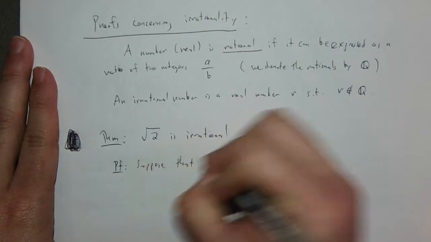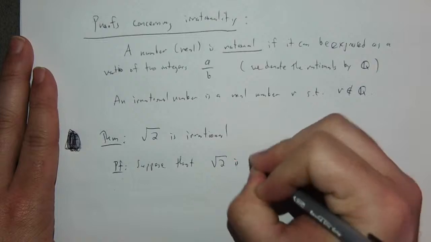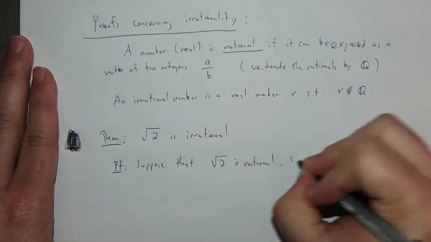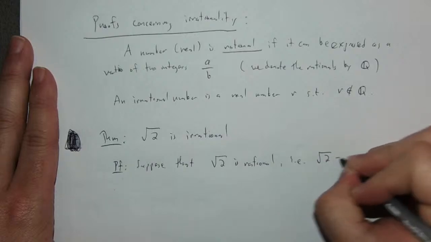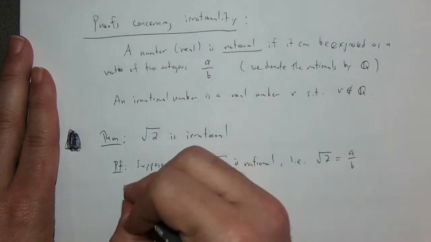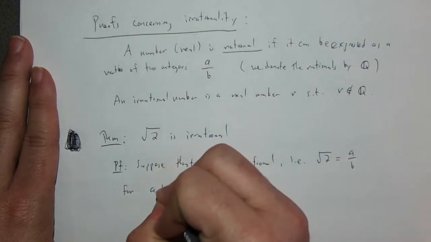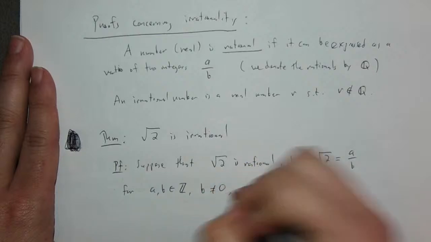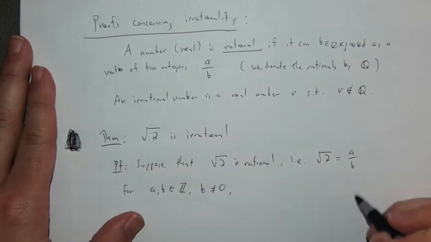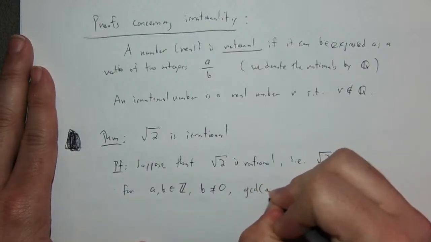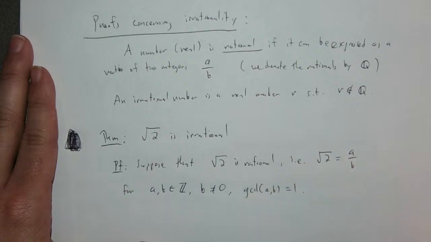So suppose that square root of 2 is rational. Right? So suppose that it is rational, i.e. square root of 2 is equal to a over b for a and b in the integers, b not 0. And let's assume that we've put this fraction in lowest terms, so GCD of a and b is 1.